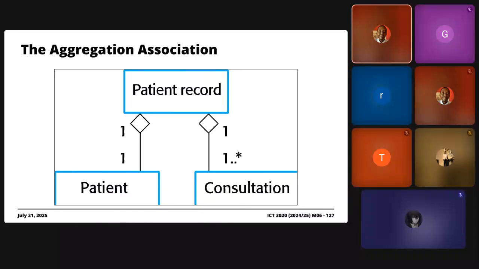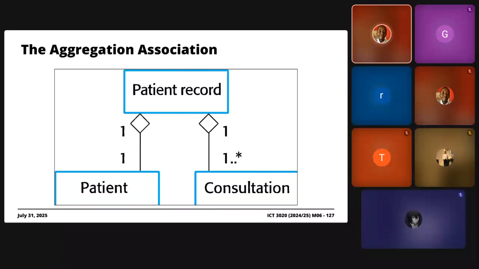And it turns out that when you're modeling this using UML, it's a directed solid line, right? But at the end of the solid line is a diamond symbol.